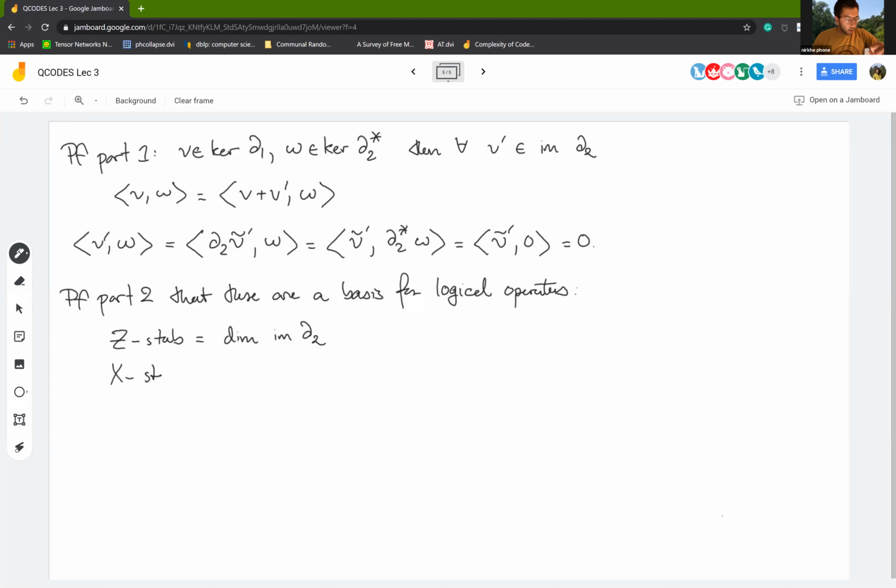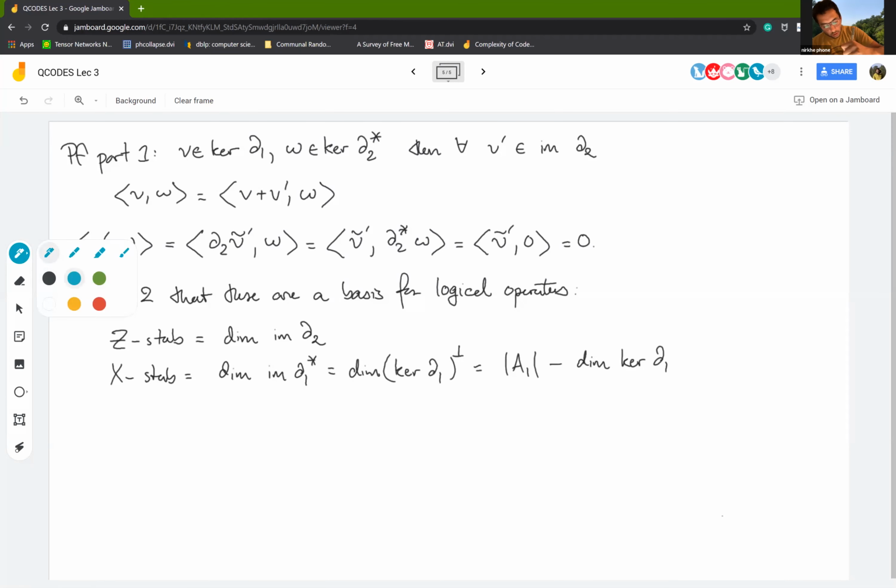Analogously, the X stabilizers, well, their dimensionality is the dimensionality of image of delta 1 perp, right? Which is the same thing as the dimensionality of the kernel of delta 1 perpendicular, right? Which is going to be the size of A1 minus the dimensionality of the kernel of delta 1.